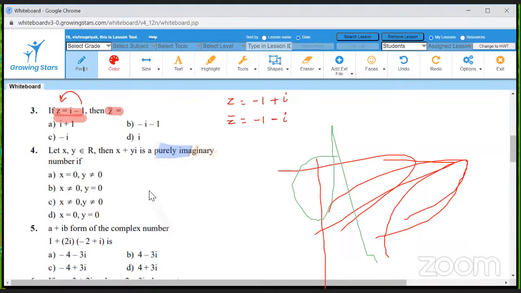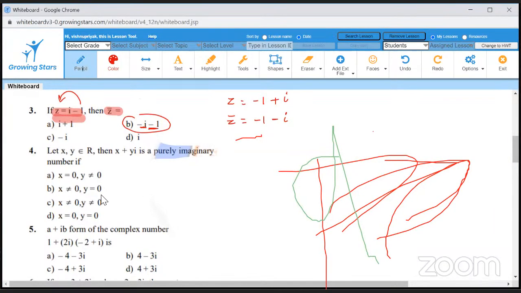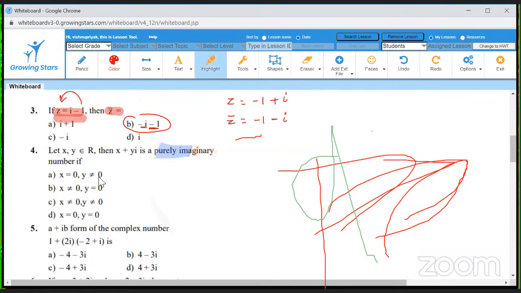So this is Z bar, and that is B. So B is the correct answer. A is not the correct answer. C is not the correct answer. Mahalakshmi is correct. So Jack, instead of writing on the board, concentrate, type in the chat and tell me the correct answer. B is the correct answer. Minus 1 minus i.